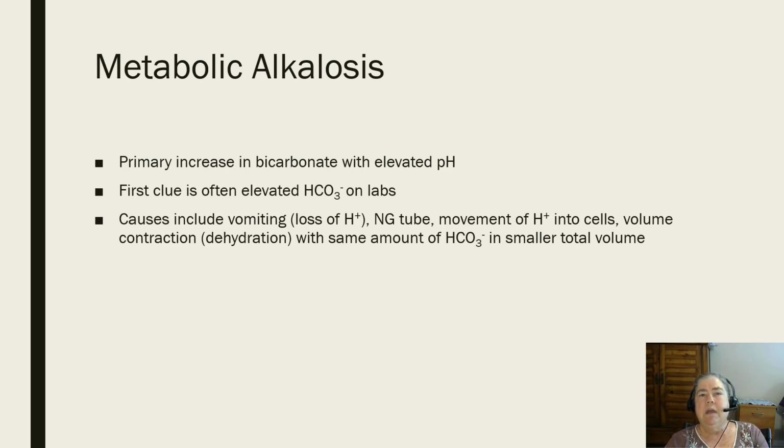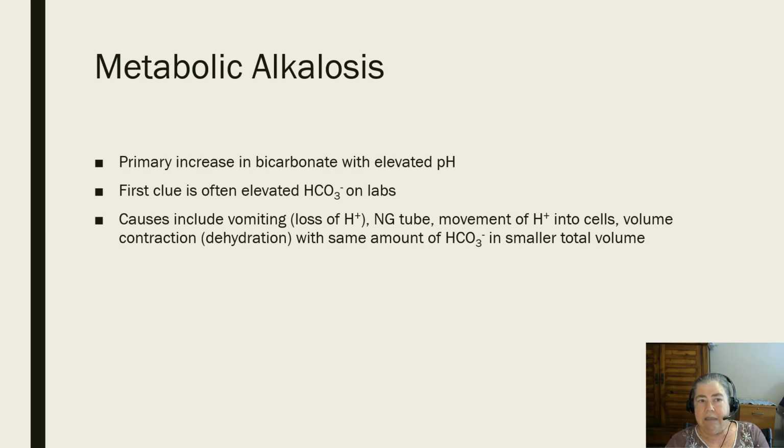So sometimes when people are suspected to have a surgical abdomen, we insert a tube into their stomach and pump out the stomach fluids to kind of rest the bowel. And if we're doing that and we're removing a lot of hydrogen ions, we can cause a metabolic alkalosis. When this happens, we need to kind of rethink our treatment.